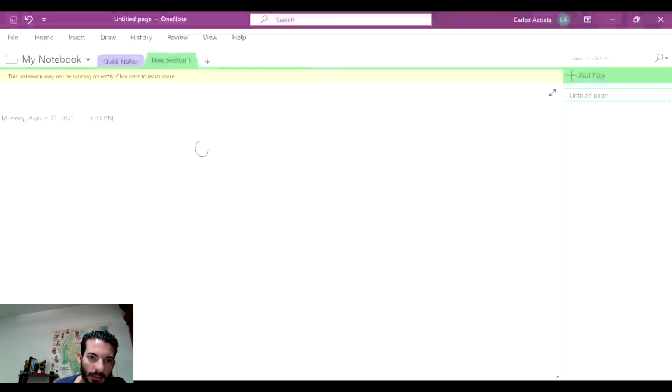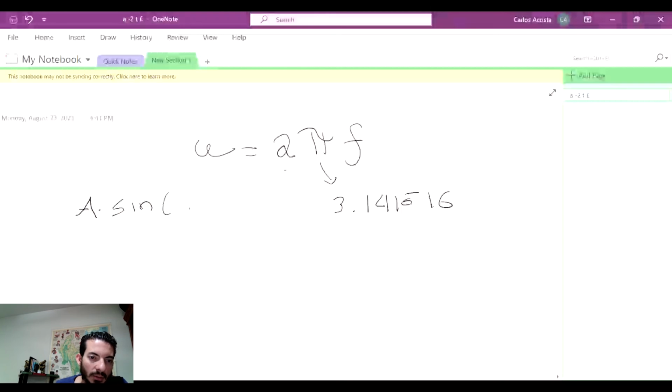So we're saying that omega equals 2 pi f. We know this number, of course. Your calculator will have pi. And we don't have f, but they're telling you that the general form of the wave is A times sine of 2 pi f t, or this could be 2 pi f x, depending on the argument, right?